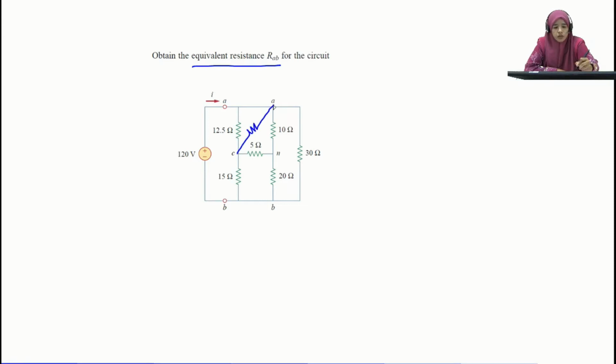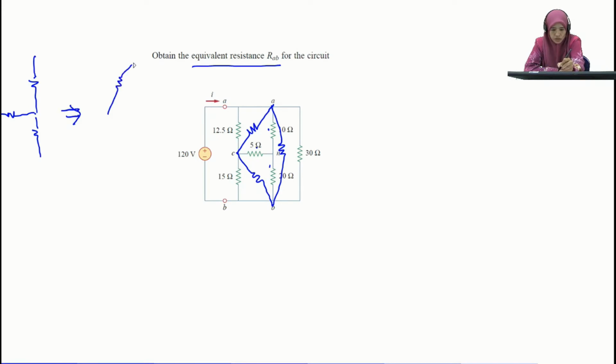Here we can change this Y connection into a delta connection to make it simpler. In order to change from Y connection to delta connection, the formula is given in the previous lecture.